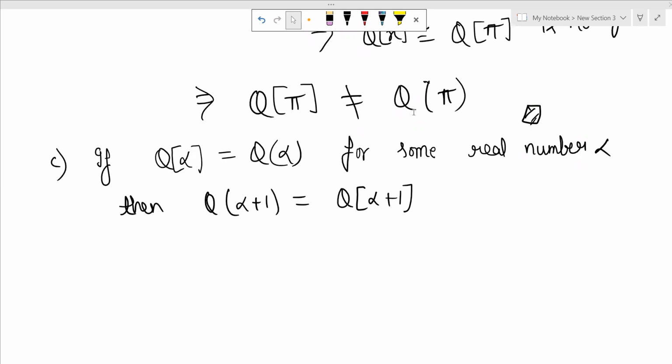For every, you cannot prove it. I gave you a counterexample, pi: pi is a real number, but I proved that Q[pi] is not the same as Q(pi). For some real numbers, like root 2, I proved that Q[root 2] is the same as Q(root 2). So tell me, how will you conclude from the first one that Q[alpha plus 1] should be the same as Q(alpha plus 1)?